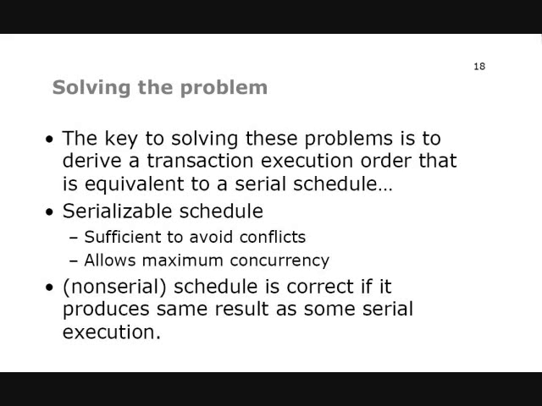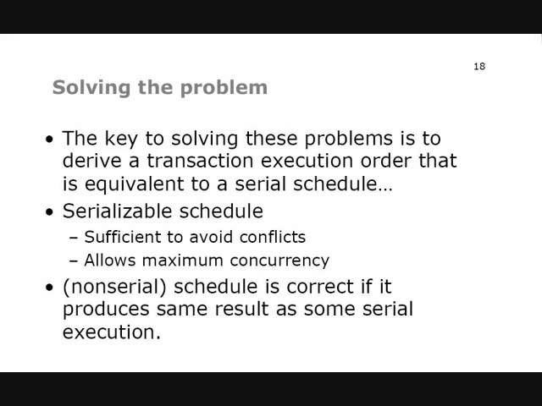So provided that we can work out a concurrent execution of the operations in a transaction that is equivalent to a serial execution, then I should be okay. And that is what we call a serializable schedule. That is going to be sufficient to avoid the conflicts that I have described. So if I have a serializable schedule, then none of the problems that might come with concurrency will arise.